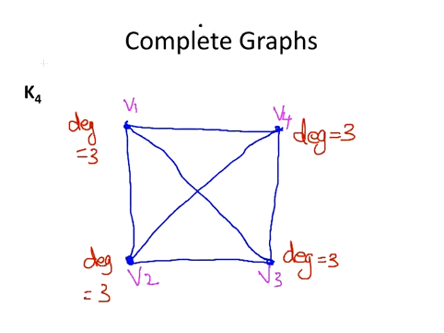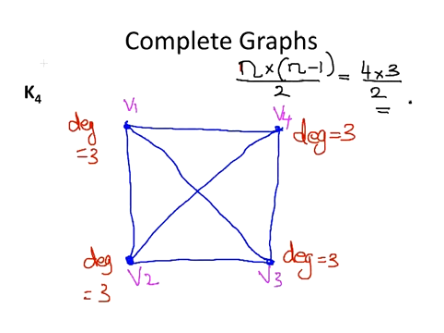So let's double check now. n is the number of vertices and each vertex has degree n minus 1, and we're going to divide that by 2. So in this case we'll have 4 times 3 all over 2, which is 6, and we do actually have 6 edges. So this looks promising.